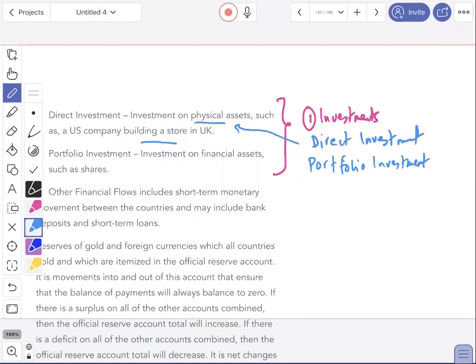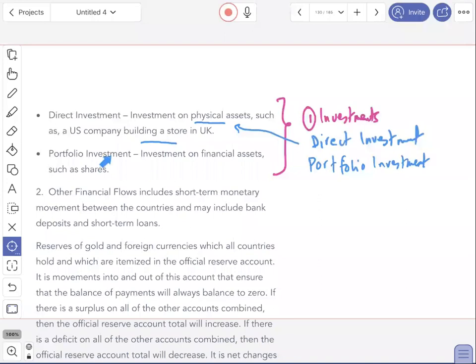So I'll give you an example. Let's say Apple, the company, decides to make a store in Pakistan. That will be what we call direct investment, because this is where money is coming into the country to invest in physical assets. Remember, this is not fixed assets, it's physical assets I'm investing in the country, right?